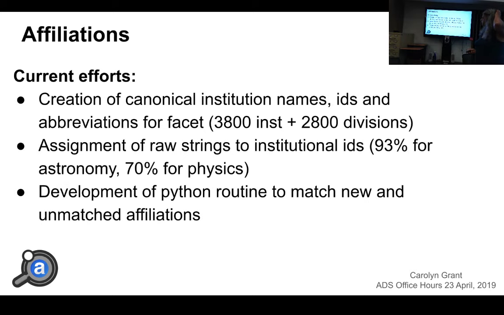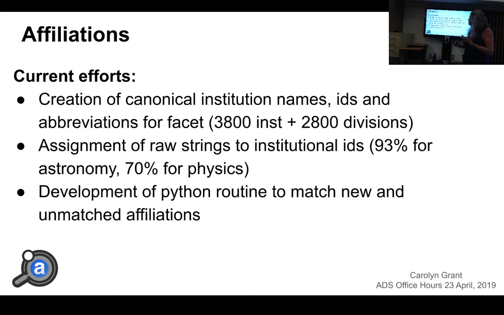What we have done so far is create a list of institutions and a canonical, what we call a primary, name that we're going to call that institution. For all institutions that we think do astronomy, we have done a 2-tiered effort. We have broken it down into department level where we have that information, though again, we don't have that information everywhere.